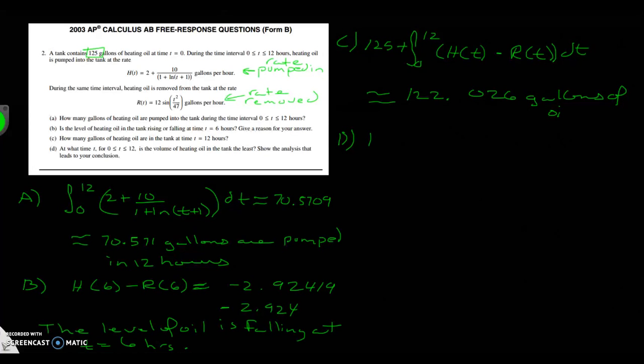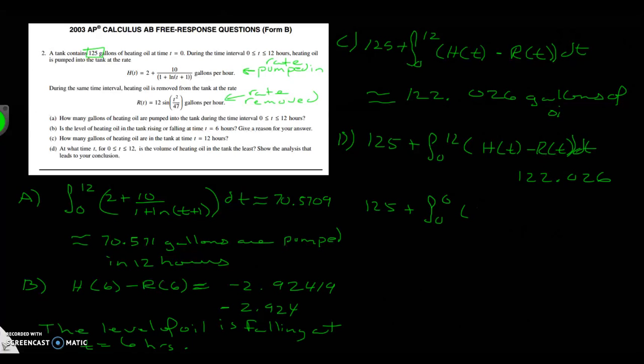So the first one is, we'll use what's above, we'll just write it. And that was 122.026. Now the other one that we need to test is at time 0, but we know that's not going to be it.